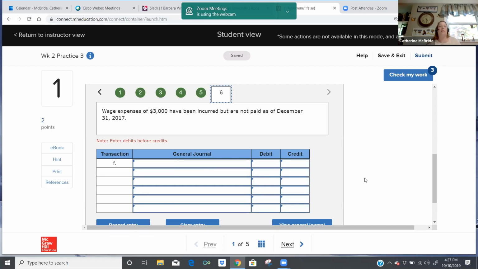All right, last but not least, wages expense of $3,000 have been incurred but not paid. So we've incurred an expense, but we haven't recorded it. What 2 accounts are affected?